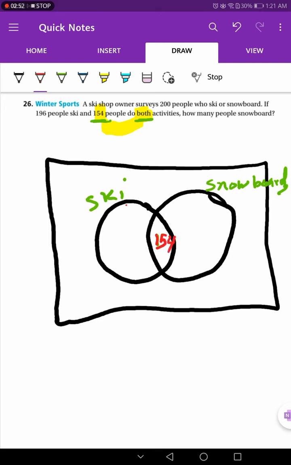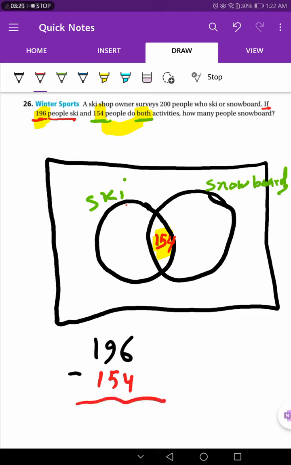Okay, teacher, what else? As you see here, he said 196 people ski. So teacher, I have to put the 196 inside the ski circle? Be careful, don't do this before you cut this number from the 196. So 196 minus 154.